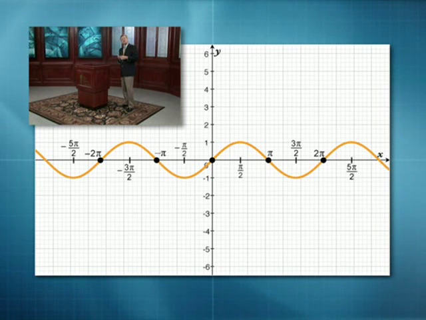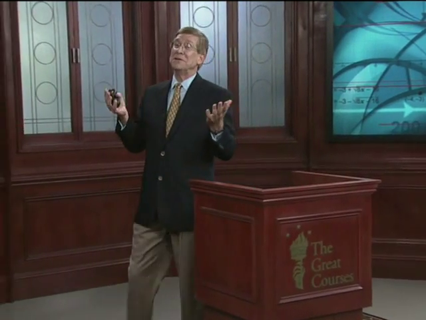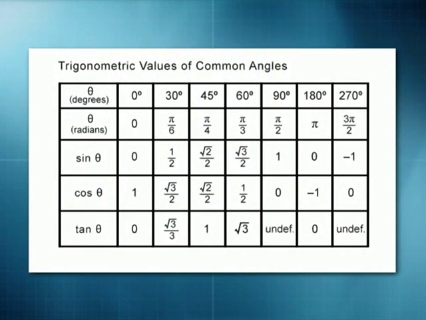It's got interesting features. What's the cosine graph look like? Well, the cosine graph is very similar to the sine graph. Here's one of the big differences. Remember that sine of 0 was 0? But what's cosine 0? I look back at that table. Cosine 0 is 1.